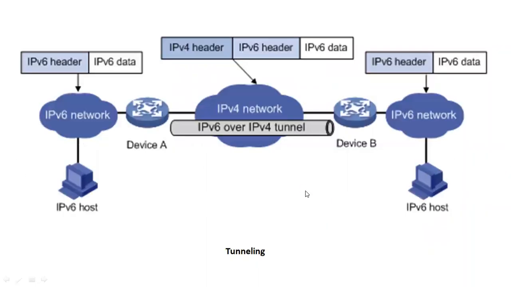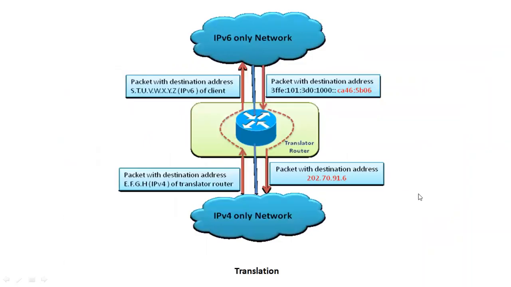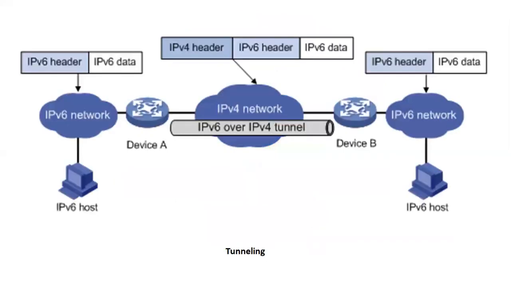Okay. Then I told you about techniques like translation and tunneling. By using these two techniques, we can now use both IPv4 and IPv6, because earlier we started with IPv4. There was a purely IPv4 era, but now we are starting to use IPv6 also.